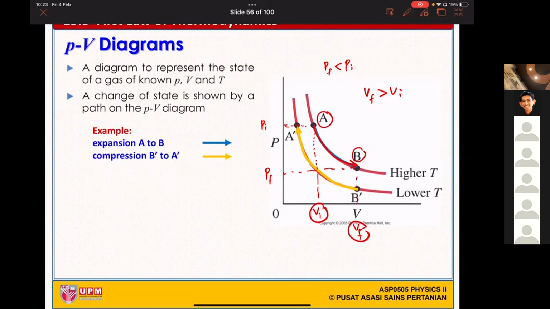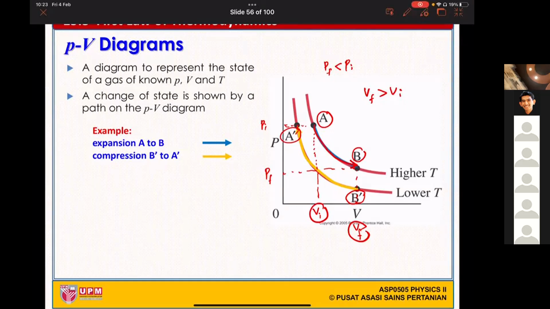So kalau kita tengok daripada B prime kepada A prime, bermaksud volume of the system is decreased, which is the V final is lower than V initial. So bila volume semakin kecil, kalau contoh kita ada satu piston, kita press dia maknanya volume semakin berkurangan, pressure akan jadi meningkat.